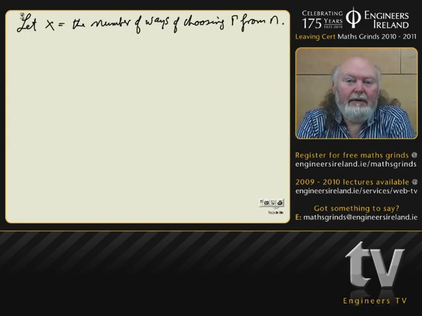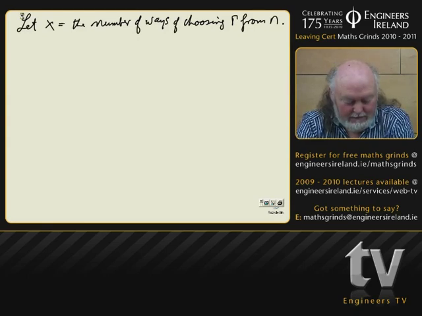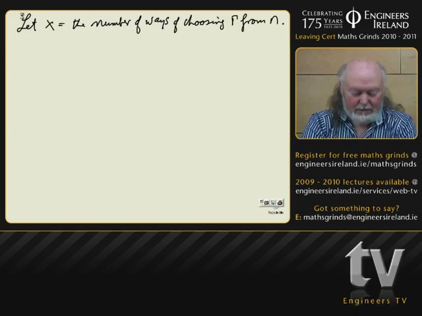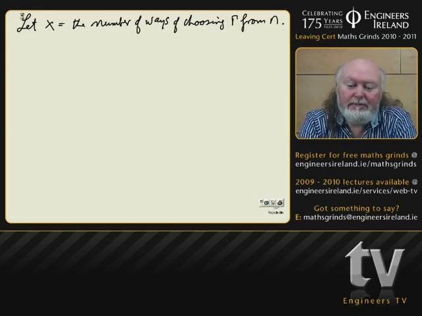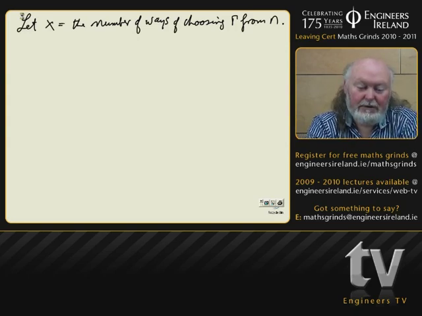Okay. In mathematics, when we don't know what the answer is, we give it a name. So we're just saying, well, the actual number of ways of choosing R from n we'll call x. So what do we understand about this? Well, he's going back to the arrangements formula.